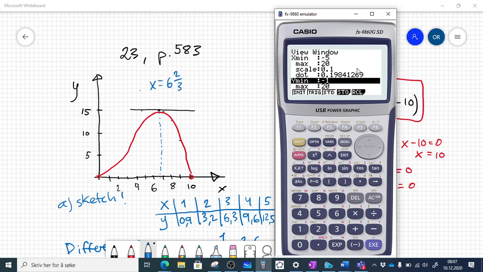The y minimum is set to -1 or -5, just so that you're able to actually see the x-axis. So I'll set it to -3, and then maybe 20. It depends how high it goes. Last time we found the maximum to be just under 15, so we'll let it run to 20.